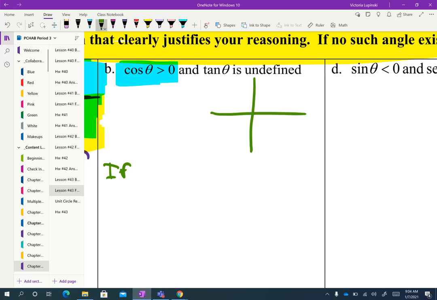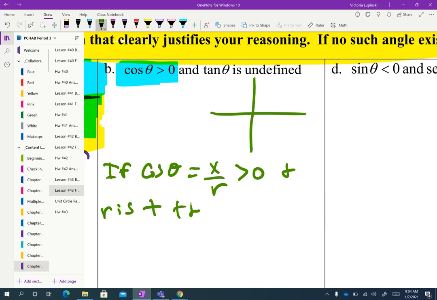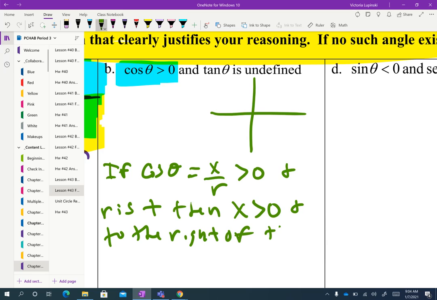So if the cosine of theta, which is equal to x over r, is greater than 0, and r is positive, remember r is always positive, then x has to be greater than 0 and to the right of the y-axis.